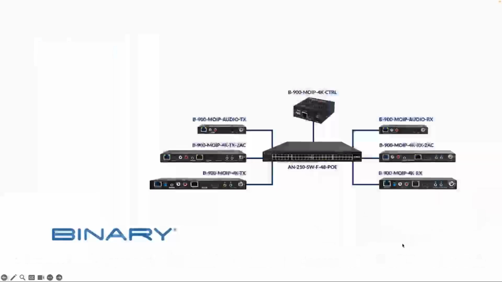All right, looking at the 900 series, just a quick snapshot here. We're going to start out with the 900 series MoIP controller that works as the brains of the MoIP system. The 900 series audio units give 2-channel audio control throughout the system and adjust audio to account for video delay.